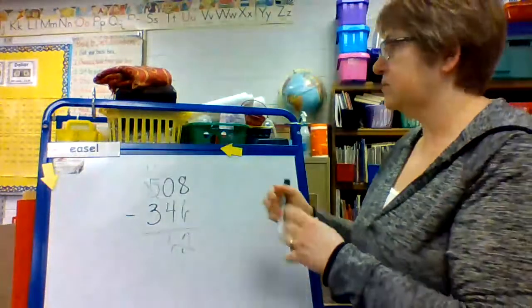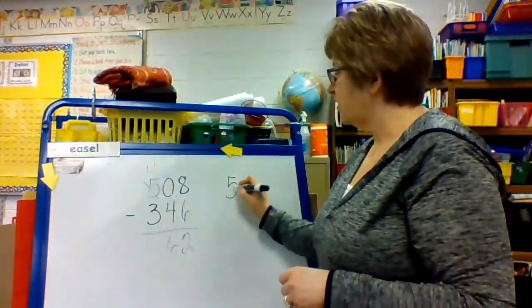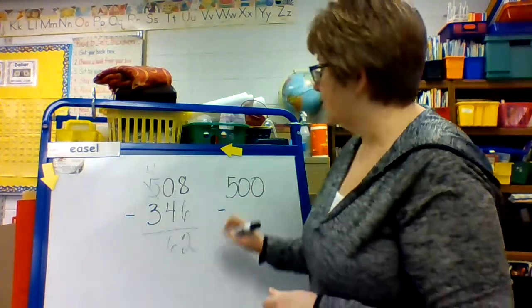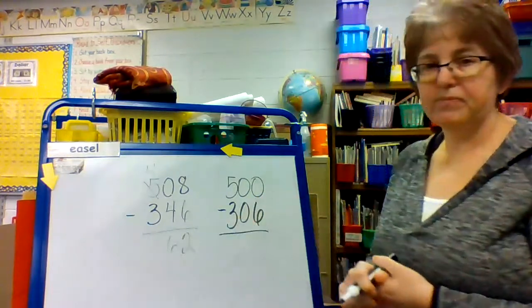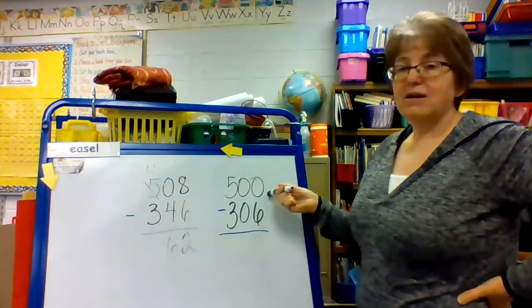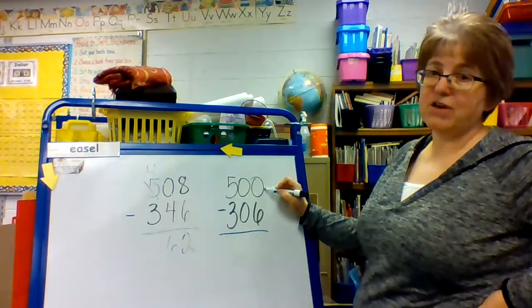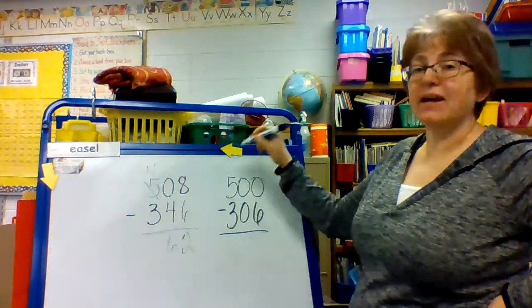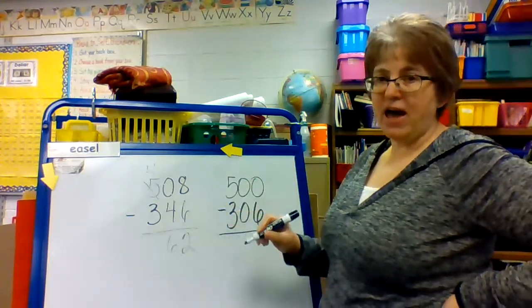Okay, let's try this problem. We've got the number 500 minus 306. I have to look to see if I have enough. Uh-oh, I've got 2 zeros here. So what does that mean? Yep, I've got to go all the way over to the hundreds house, all the way to the 5.